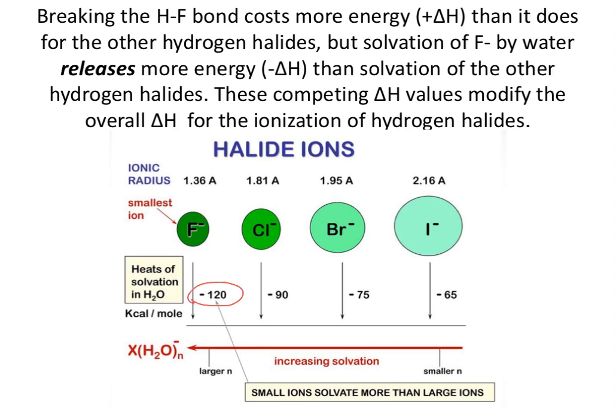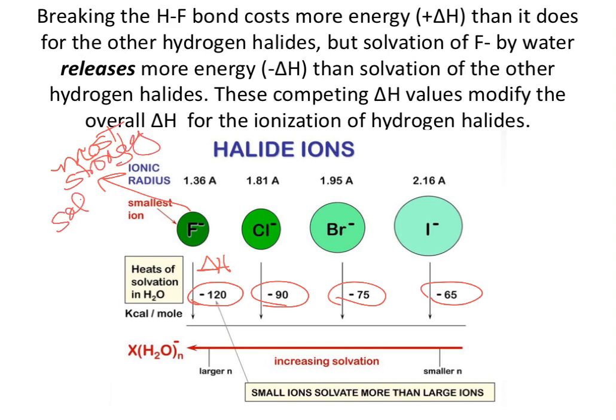Interesting. Look at these delta H, heat of solvation values, or enthalpy of solvation, same thing. So which one of them is most strongly solvated? Which one of them releases the most energy when it becomes solvated by water? It turns out that fluoride is most strongly solvated, okay?